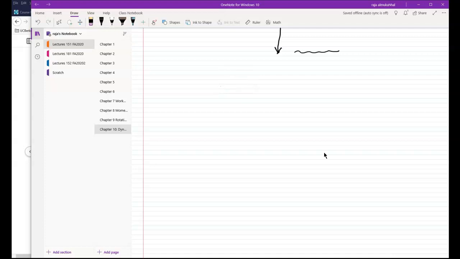I'm trying to erase this thing, and then it just disappeared. Do it again. Okay, let's make it a little bit bigger. There we go. This is the tension coming from the bucket. You agree with me? I'm going to call it big T. And this is O, and that's the radius R. You got it? And the motion of the winch is this way. Got it?